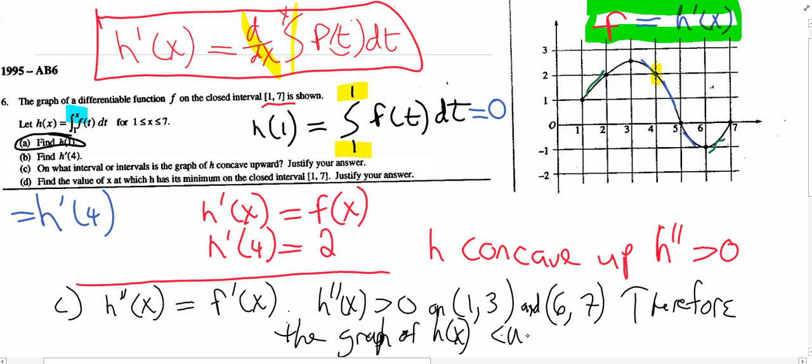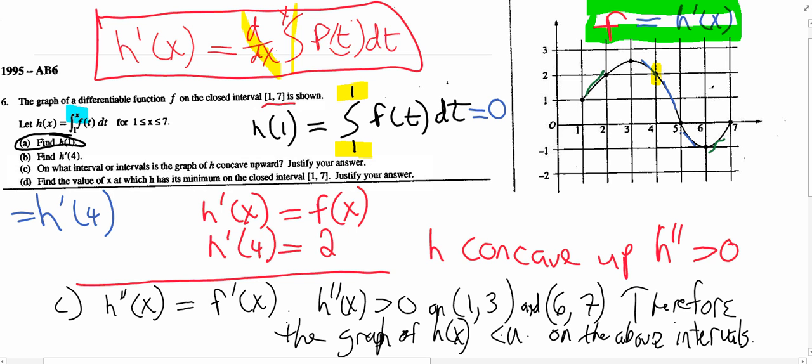Don't abbreviate, but I will. H of x is concave up on the above mentioned intervals. Okay.